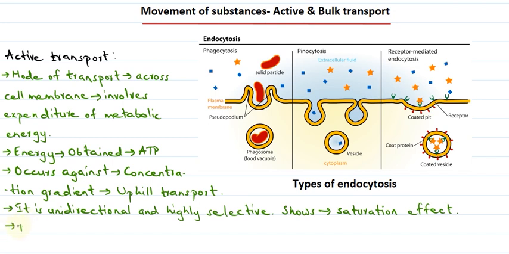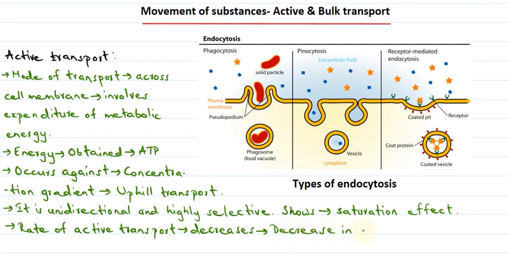So the rate of active transport decreases with the decrease in oxygen availability. Metabolic inhibitors like cyanide and azide stop active transport.